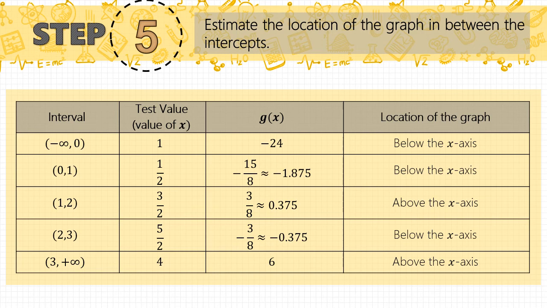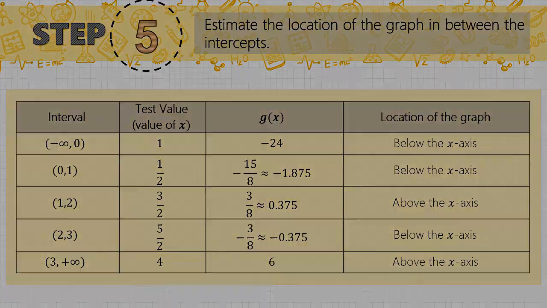And those values of g of x reflect the location of the graph with respect to the x-axis, which are below the x-axis for the values of negative 24 and negative 1.875, above the x-axis for 0.375, below the x-axis for negative 0.375, and above the x-axis for 6.